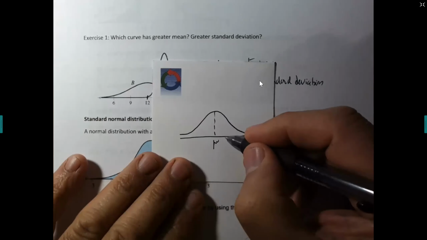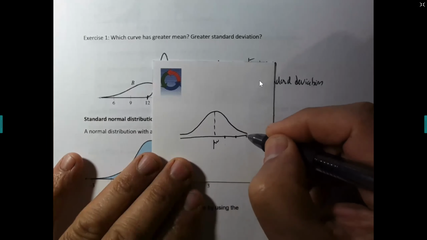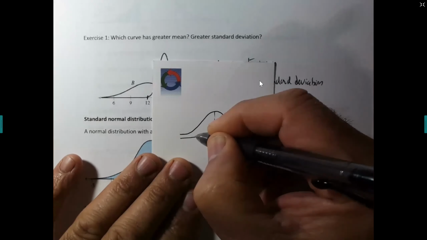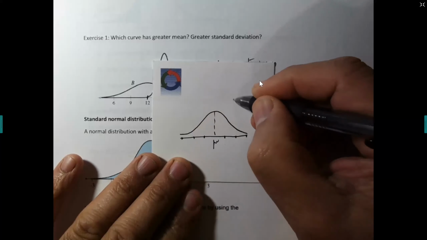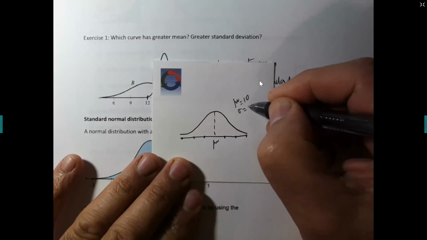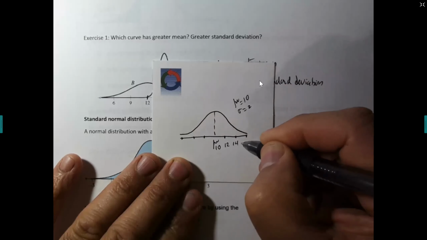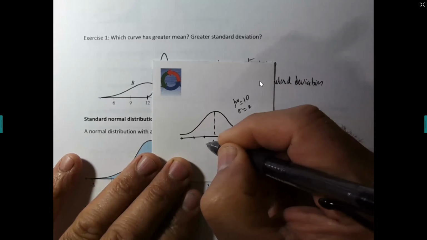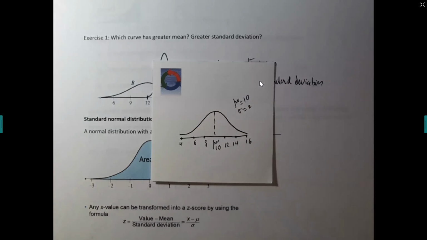And then here, it's mean plus 1 standard deviation, mean plus 2 standard deviations, mean plus 3 standard deviations, minus 1 standard deviation, minus 2, minus 3. For example, if he tells you the mean is 10 and the standard deviation is 2, you should have here, guys, 10, 12, 14, 16, and then minus 2, minus 2, minus 2. That's your bell-shaped curve. That's the normal curve.